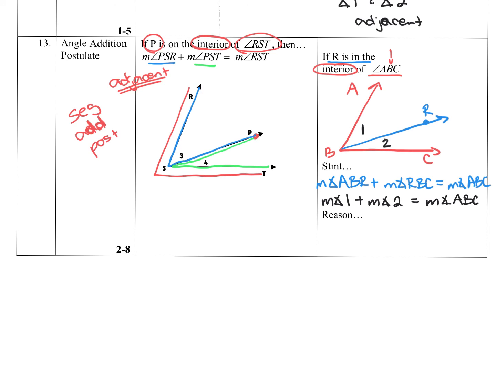And for me, that's a whole lot easier to see. And our reason is going to be angle addition, we're going to abbreviate, add, postulate, and we're going to write it as this little post. When we get to class, we're going to do some actual examples and apply this idea, but for right now, I just need you to get comfortable with all the vocabulary.